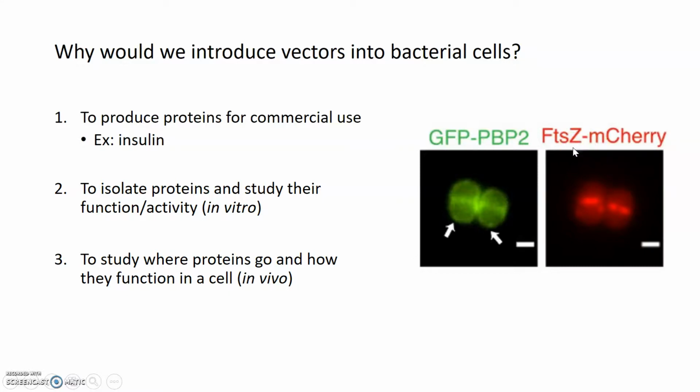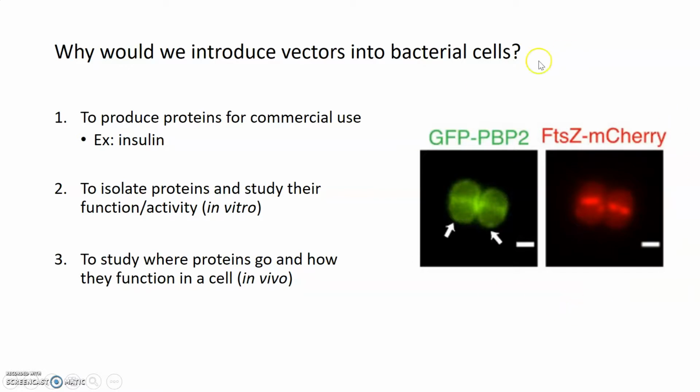And FtsZ is that tubulin homolog that's responsible for making the septum during cell division. So you can see it localizing here in the middle of two dividing cells. And so by creating these fluorescent protein constructs using vectors or plasmids that are introduced into bacteria, we can see where the proteins are in the bacterial cells, and we can infer some stuff about their functions and what they're doing.